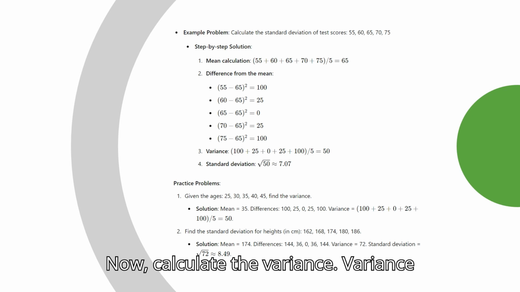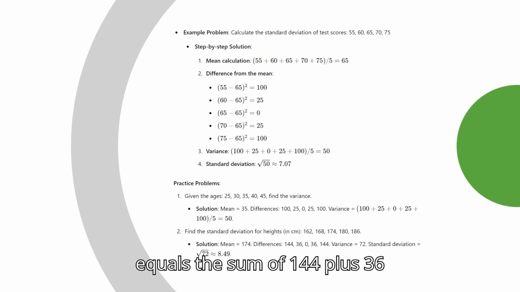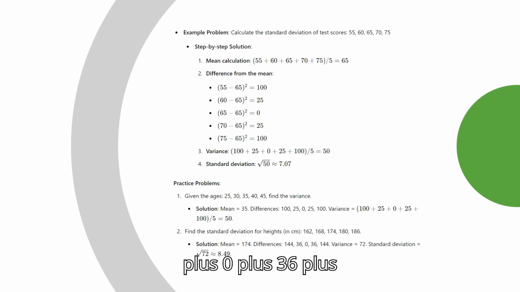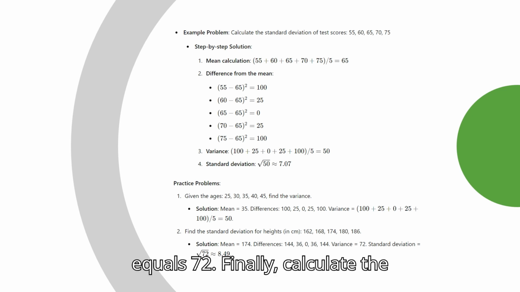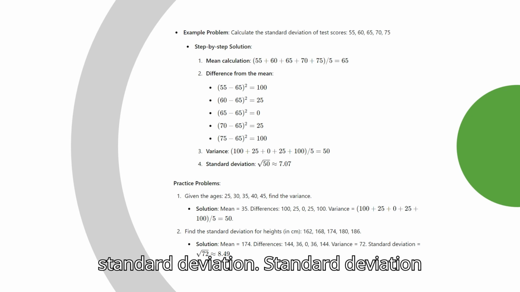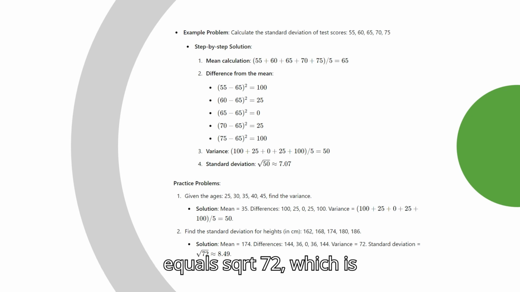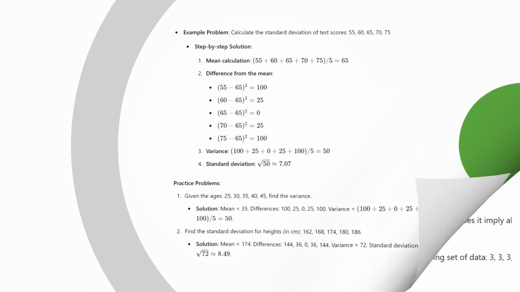Now, calculate the variance. Variance equals the sum of 144 plus 36 plus 0 plus 36 plus 144 divided by 5, which equals 72. Finally, calculate the standard deviation. Standard deviation equals the square root of 72, which is approximately 8.49.